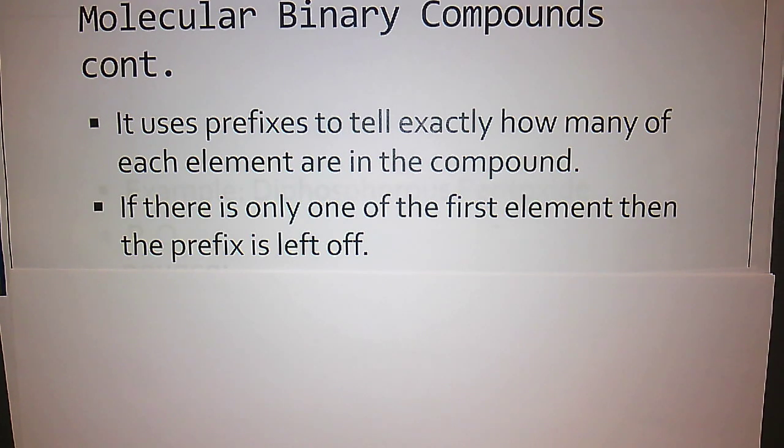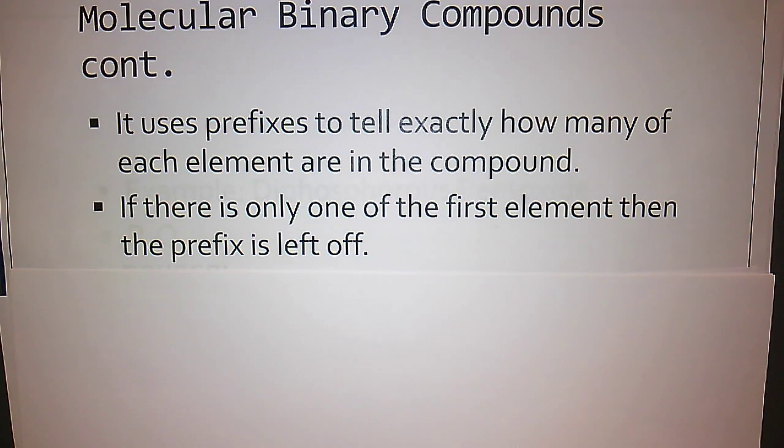Once in a while, they do this weird thing. They started doing it and they've kind of gotten away from it, where they were using a fake charge on the first one and using a Roman numeral. You don't see that very often anymore, okay? But if it's two nonmetals and there's a prefix on the second one for sure, all right?